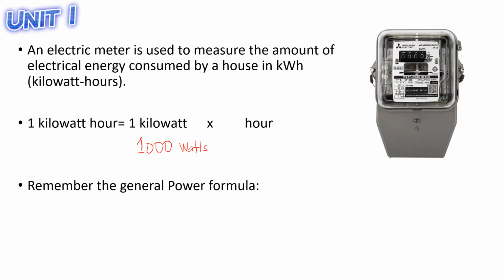What formula are we going to use in order to get this kilowatt hour? Do you still remember the general formula for power? Power is equal to energy used divided by time taken.